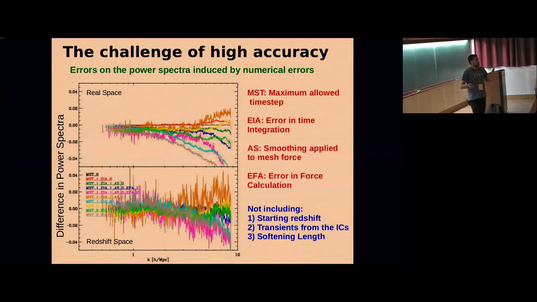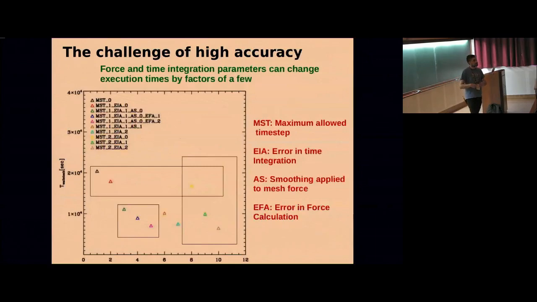But you could say, well, these are just numerical parameters. Why don't we just improve them to very, very high accuracy? And the problem is that the execution time of this numerical simulation depends a lot on the values of these parameters. So this is telling you how long a numerical simulation would take for different combinations of parameters that I was showing you earlier.